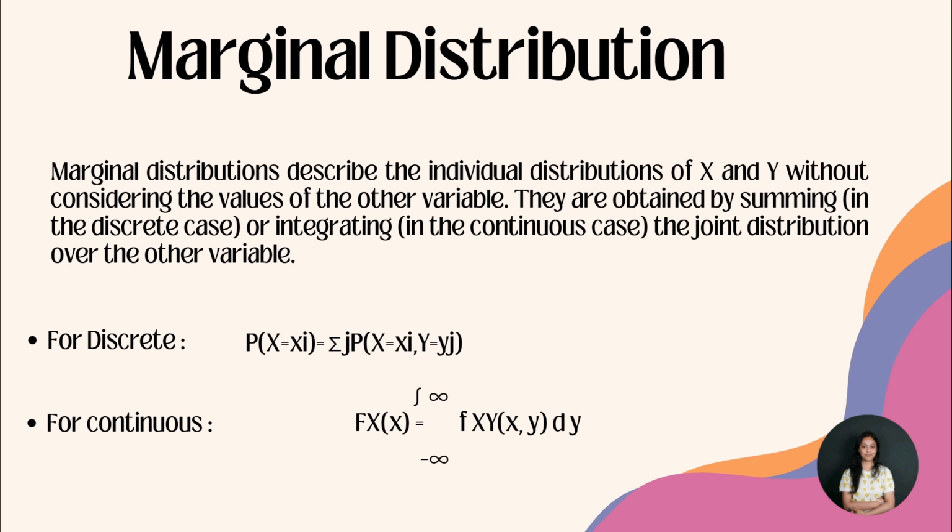For example, in a classroom study on test scores, we may only want the distribution of math scores, ignoring physics scores. So marginal distribution also describes the individual distribution of X and Y without considering the value of the other variable. They are obtained by summing in the discrete case or integrating in the continuous case the joint distribution over the other variable.